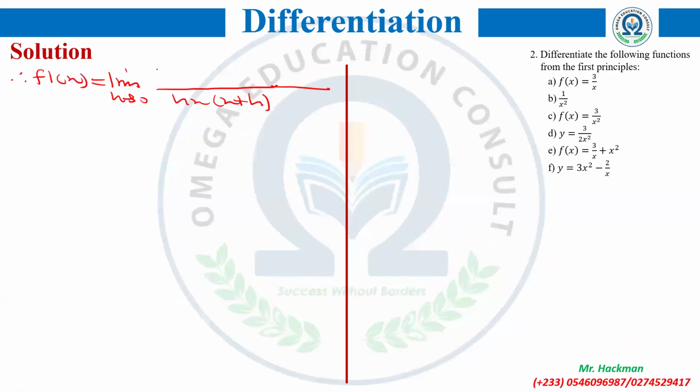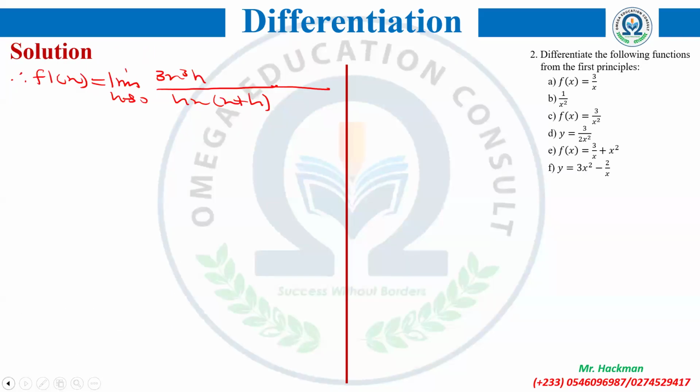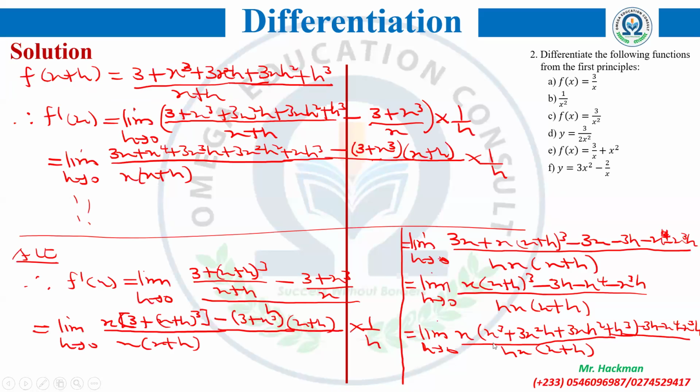So I'll write 3x cubed h. Now let's go to the next terms. What do we have? x times this will give us 3x squared h squared. Do you have any x squared h squared term here? No. So you have to equally write that. Is my point well made?